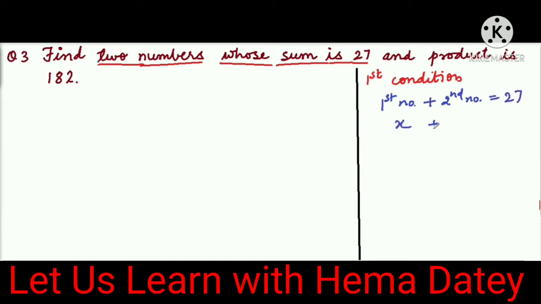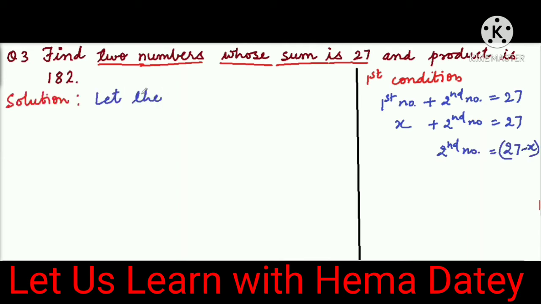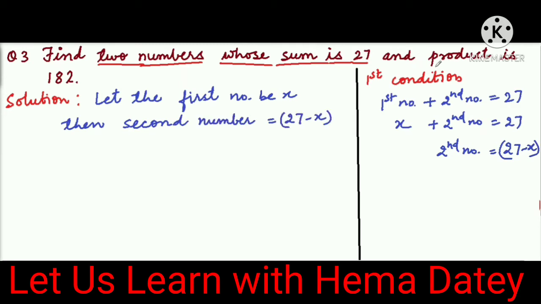If we take first number x plus second number is equal to 27, then second number will be equal to 27 minus x. Let's start the solution. Let the first number be x, then the second number will be 27 minus x.